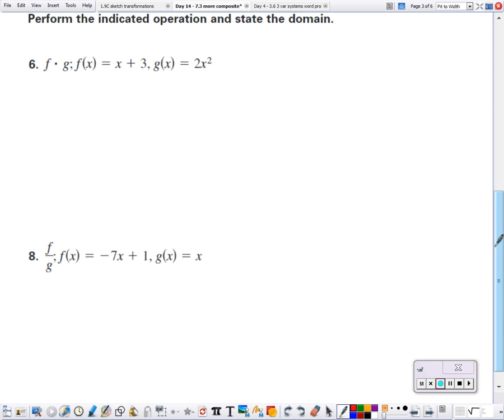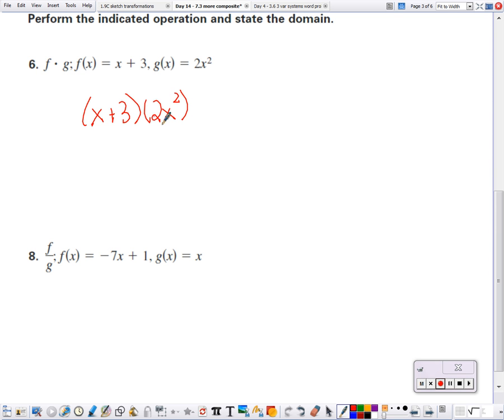Okay, so here's 2 more. Pause the video so you can try these 2. Don't forget to state the domains for both. Number 6 is multiplication. So I have a number times a quantity.